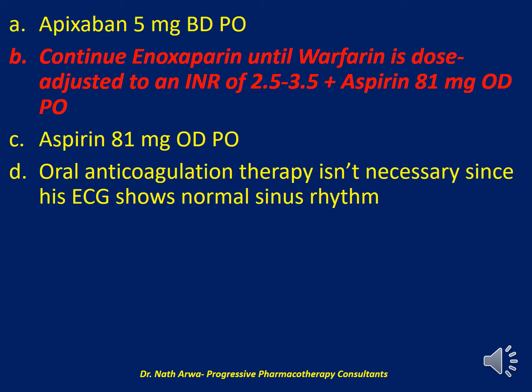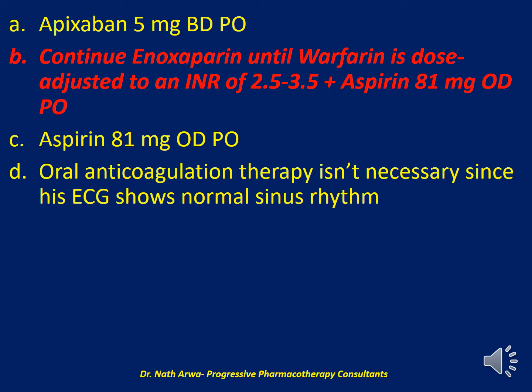Actually, warfarin should be targeted in such patients to the INR range of 2.5 to 3.5, and additionally aspirin should be co-administered at a dose of 81 milligrams orally once daily. Now, aspirin monotherapy in alternative C wouldn't provide adequate protection for stroke in the setting of mechanical mitral valve replacement.